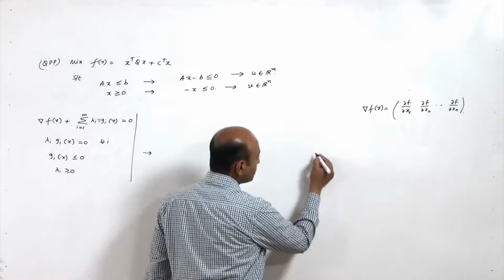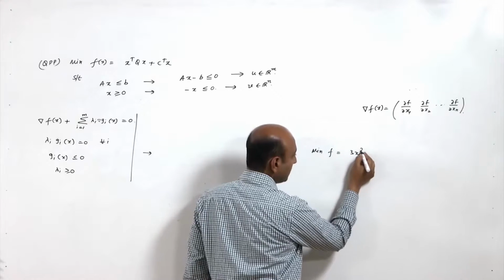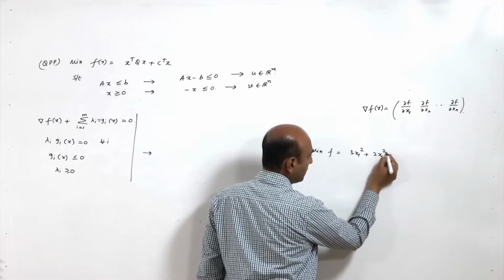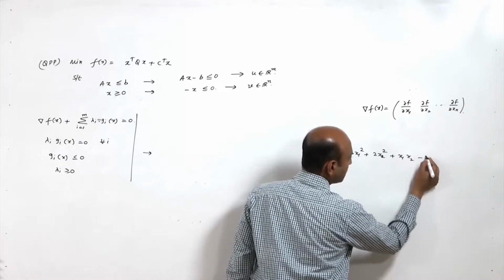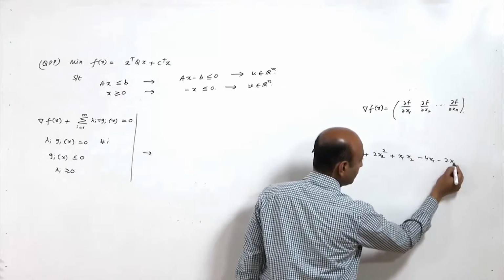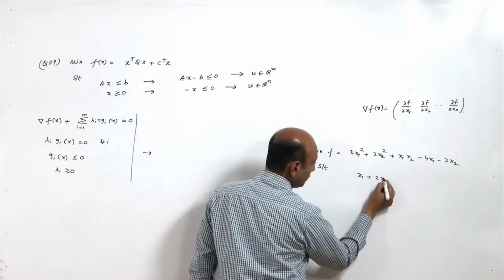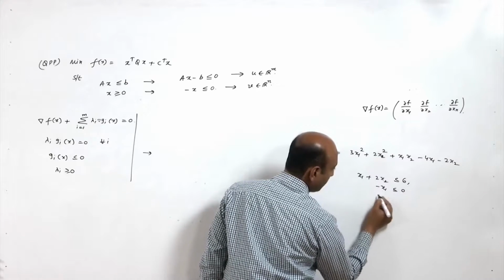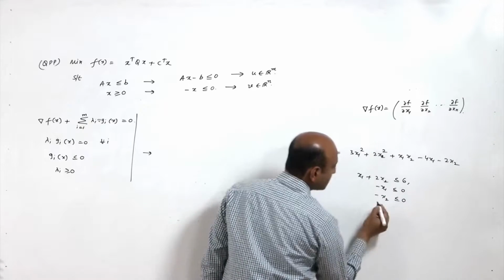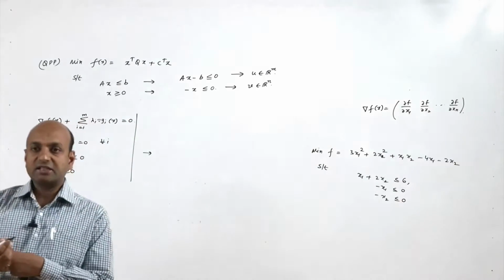Suppose the objective function is minimum of 3x1 square plus 2x2 square plus x1 x2 minus 4x1 minus 2x2, subject to x1 plus 2x2 less than or equal to 6, minus x1 less than or equal to 0, and minus x2 less than or equal to 0. Suppose we have this QPP. So what are the KKT conditions for this problem?